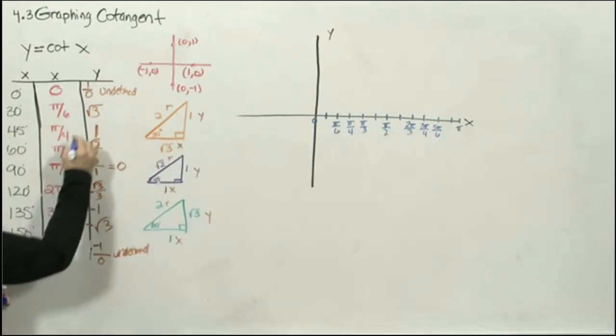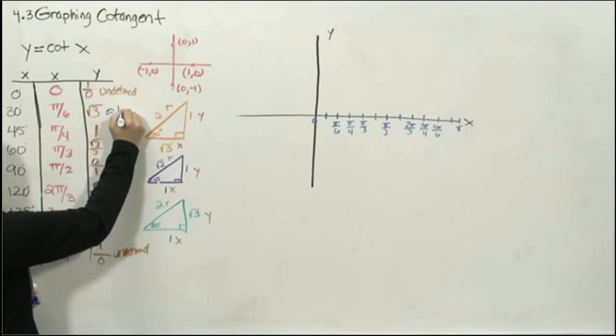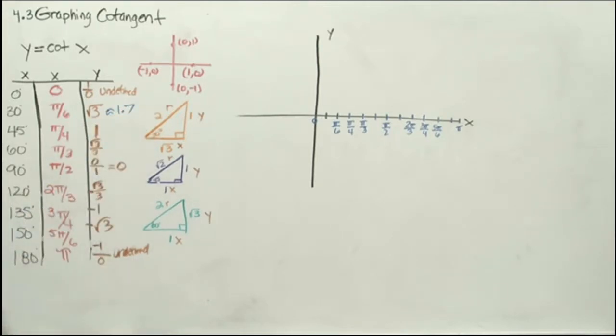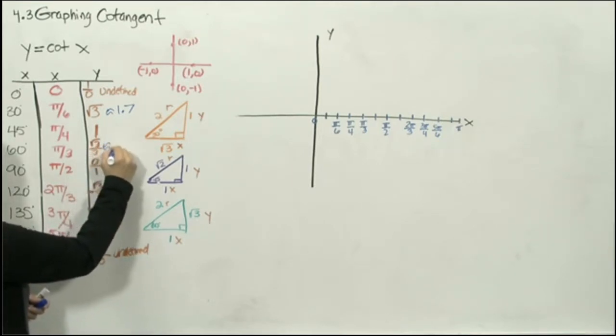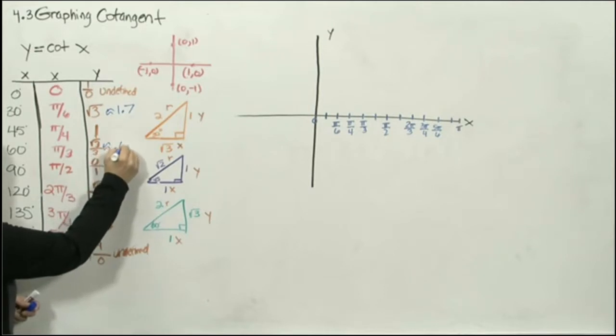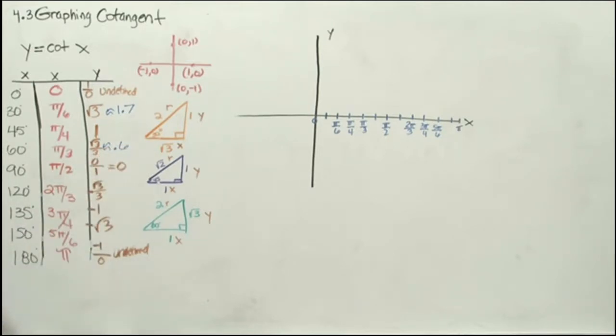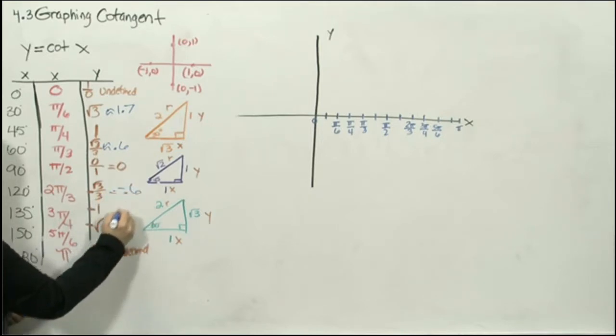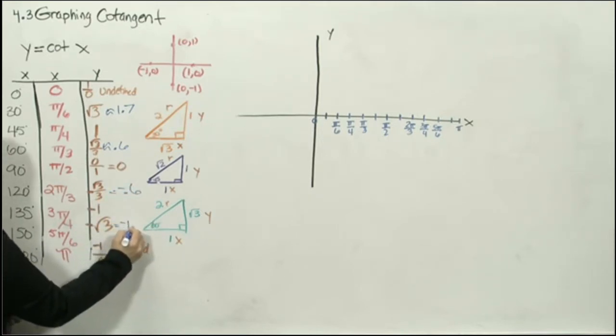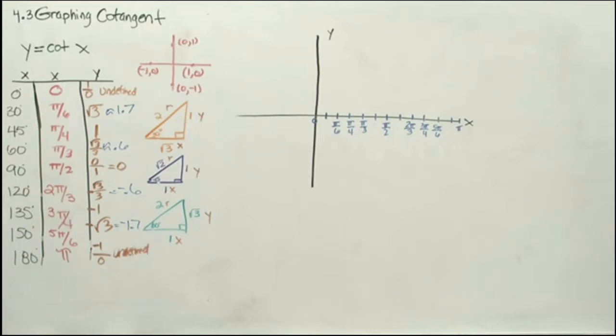We'll be working on this. We all know square root of 3 is roughly 1.70. We all talked about this. 1.70 divided by 3 is roughly 57 cents, which I approximated to be 60 cents. And then these y values are negative. So negative 6/10, negative 1 7/10.